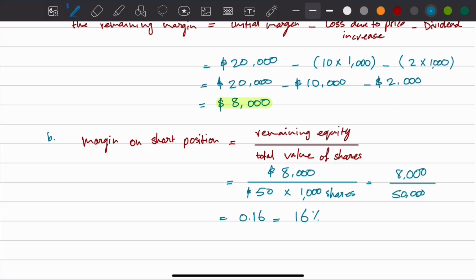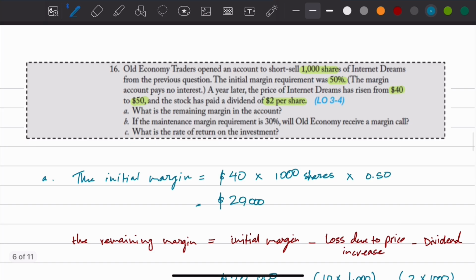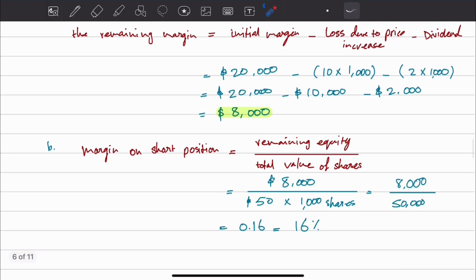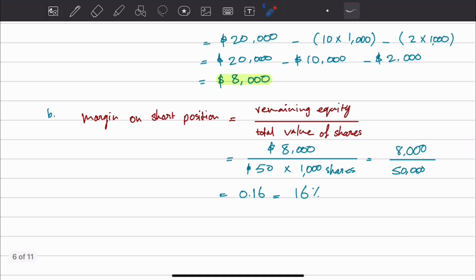Now we need to answer the actual question. They told us that the MMR, the maintenance margin requirement, is 30%. When should the trader get a margin call? When their margin on the short position drops below the 30%. And we just ran the numbers and we figured out that the margin on the short position is 16%, which is less than the 30% MMR.